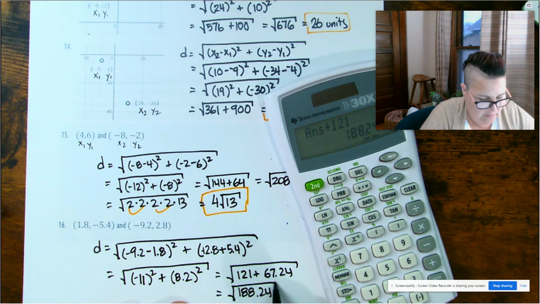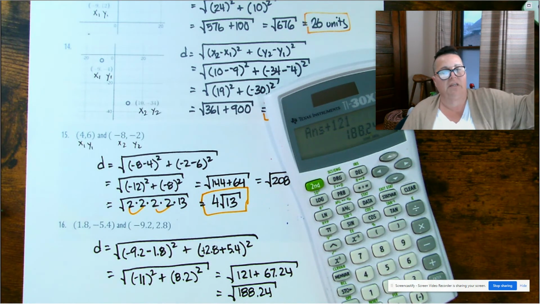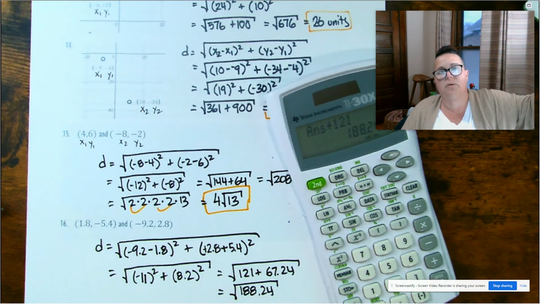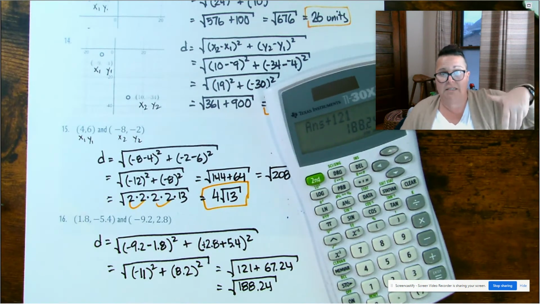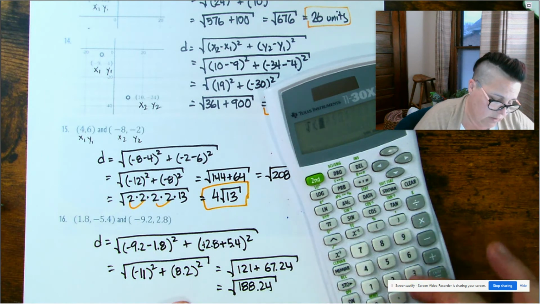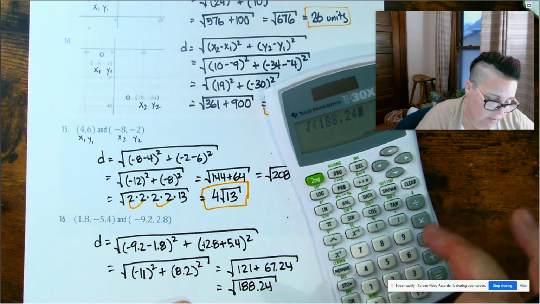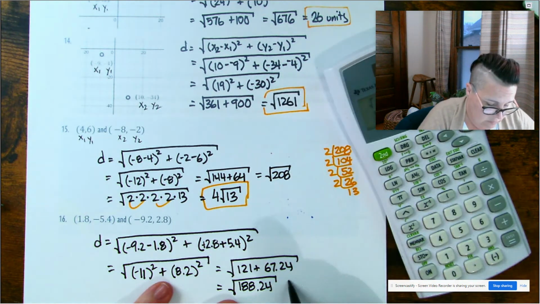Okay. And for the record, we would not simplify this particular square root. This particular square root with a decimal in it, we would not simplify. At least not here. We would just type this in. This would be the square root of 188.24, or about 13.72.